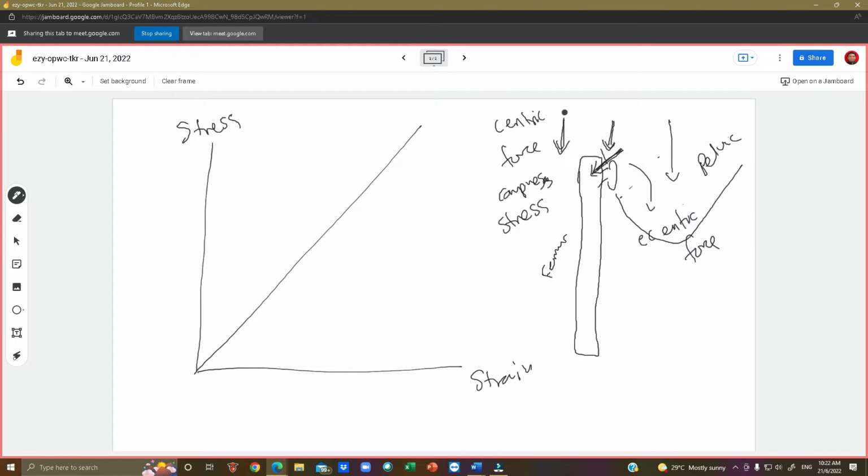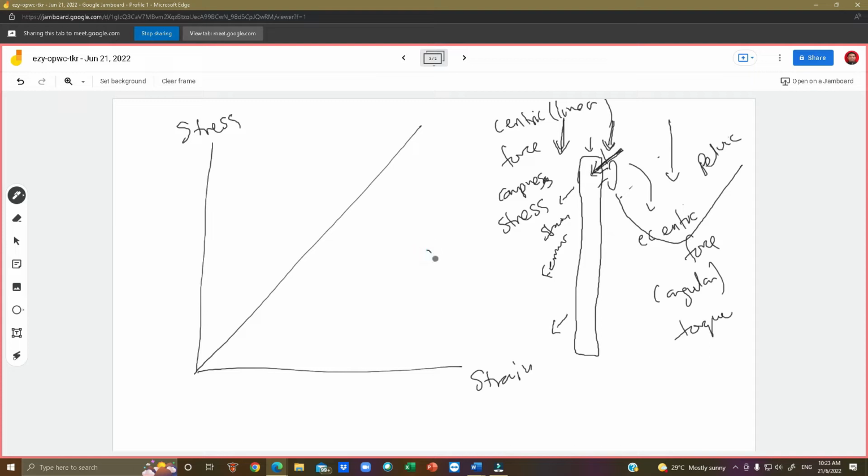Okay, centric force cause linear movement. Eccentric force cause angular movement ataupun torque. So when this is a torque, it cause the bone to have some sort of movement axially. At the same time, centric force cause a compression. Okay, so kita ada compress at one point, we have strain at another, which cause the bone to actually bend.